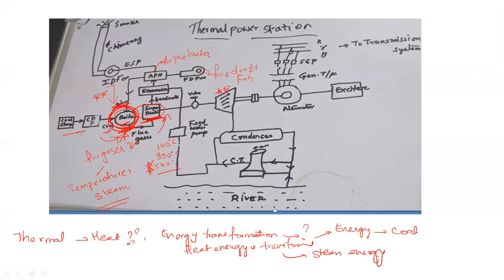This is the turbine. It will have three stages: HP turbine, IP turbine and LP turbine. I have shown just one stage, the HP turbine, and the continuation of the intermediate turbine and LP turbine.